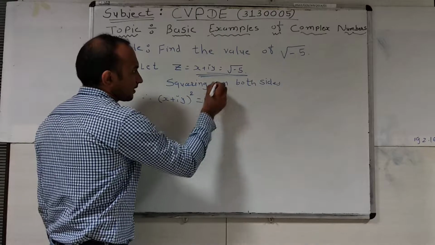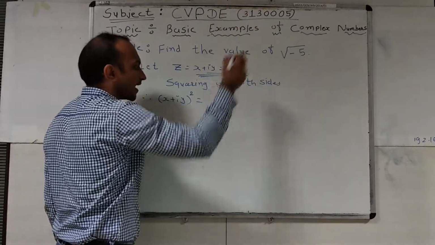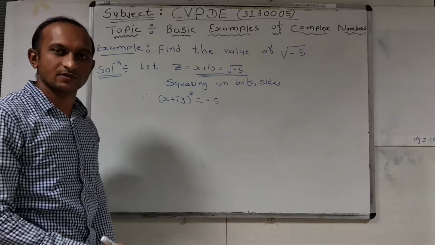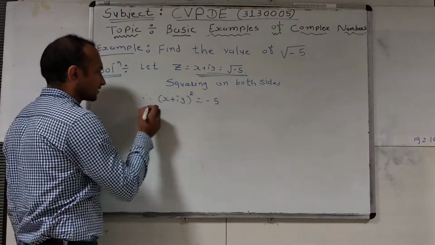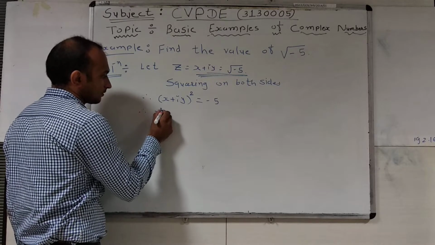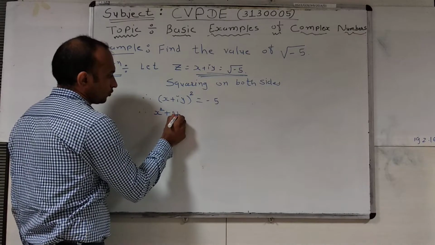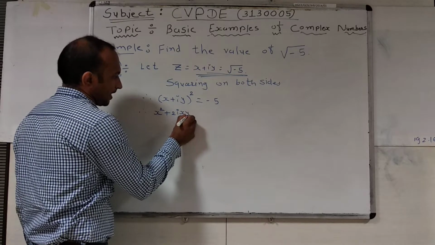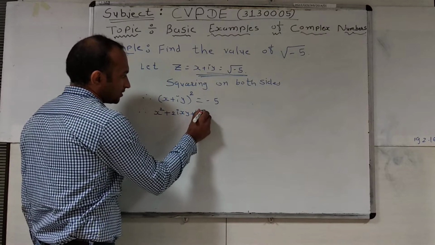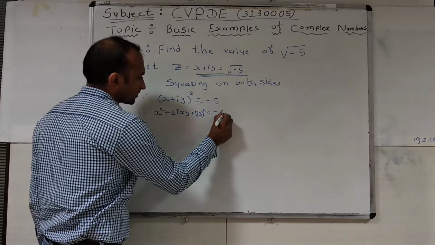The square and square root cancel, so we get only minus 5. So (x plus iy) whole square equals minus 5. Now expand this: we get x square plus 2i xy plus (iy) whole square, equal to minus 5.